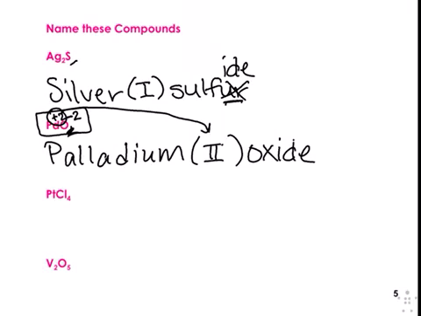Because on the second one we did the charge based on what oxygen was, right? Yes. So how come we did it for what silver was for the first one? Well, we could have done it the same way. So if we looked at sulfur's charge is negative 2, and silver's charge is positive 1 because of the rule, but because of this 2 times the positive 1 gives us a total positive 2 charge.